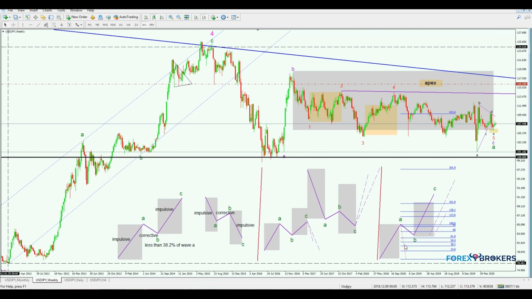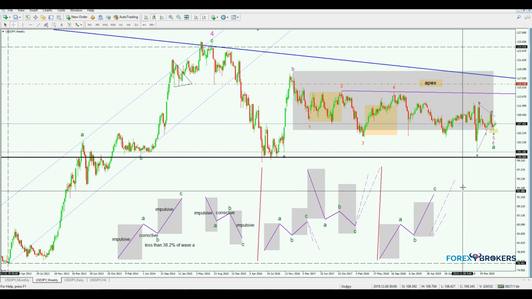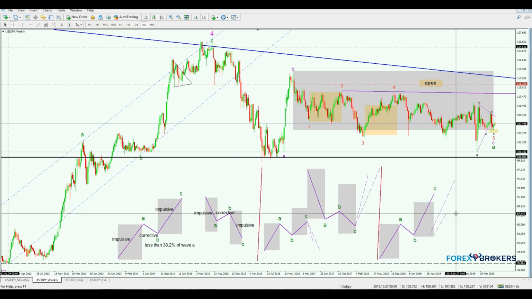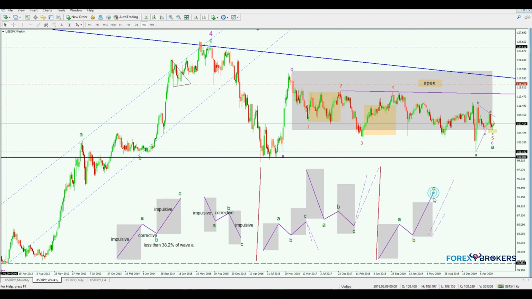The C wave must end between 61.8 and 161.8 of wave A, but respecting the time element. So it cannot go like this, for instance. If it goes like this, that's not possible because the time element is not respected. If it goes like this, then that's another story.